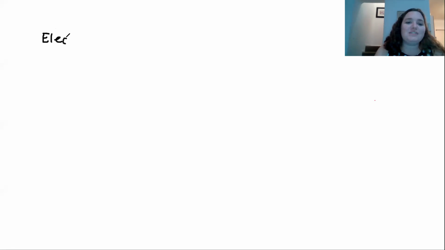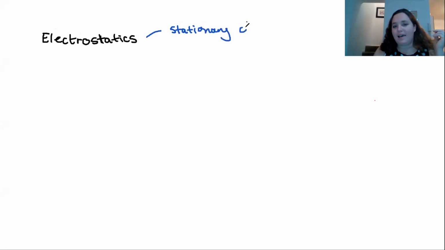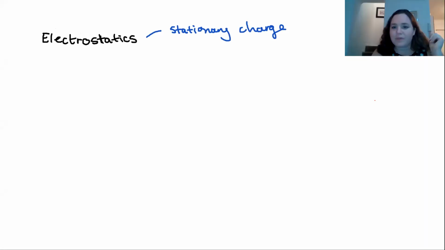So we're going to get started on electrostatics. I always like to view electrostatics as being different from electricity in that when we're dealing with electrostatics, we're dealing with stationary charge, and when we deal with electricity, we're dealing with moving charge.